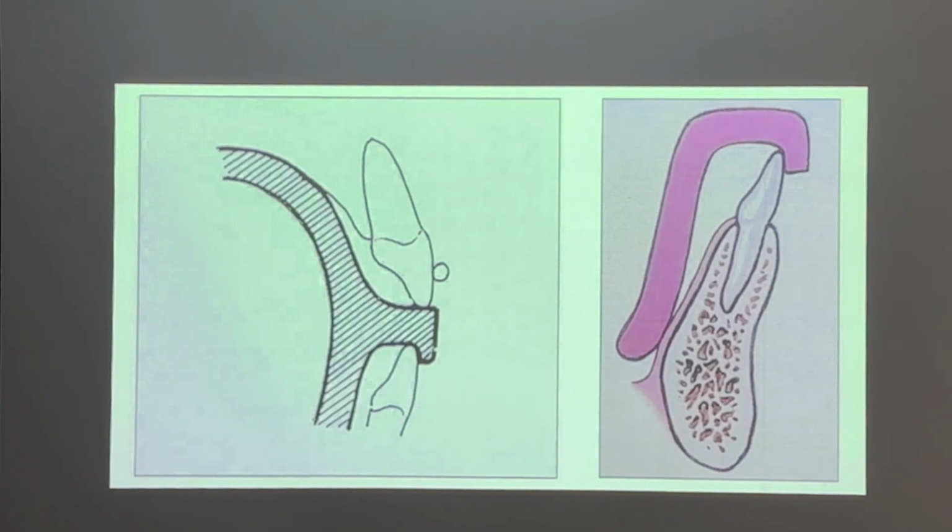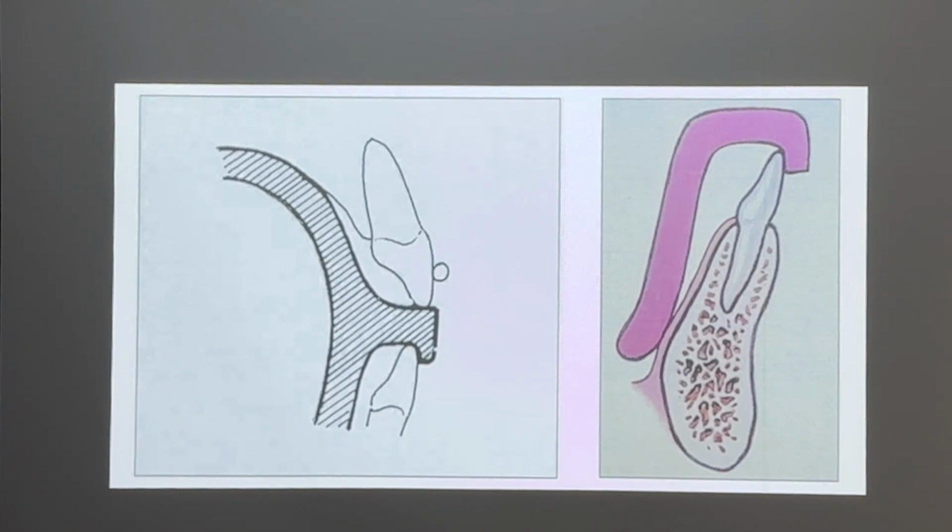So in the removable appliance, I always talk about, okay, please don't use a thick resin. Okay. So the basing of your appliance is also an essential part.